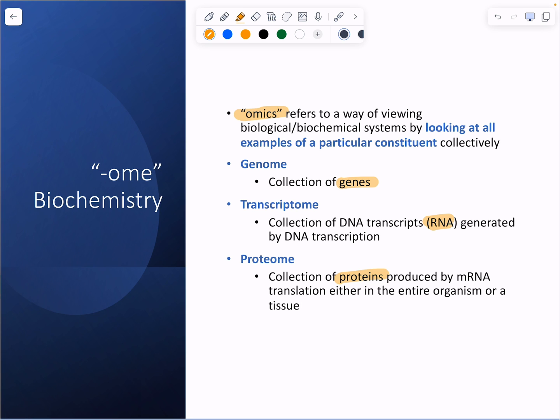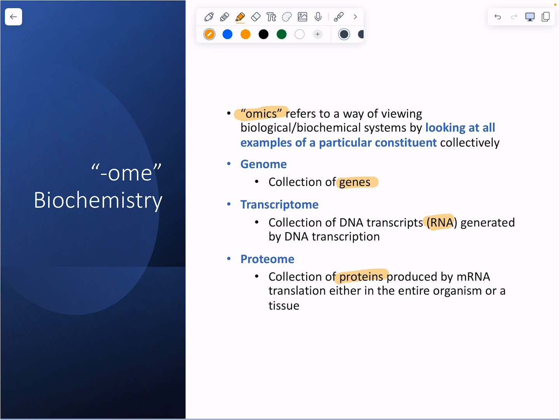But we can use these different things to investigate and try to narrow down on where the problem is in this whole cascade of events. Is it a mutation in the genome? Is it the fact that there's something that goes wrong with the regulation of the genome so I don't get the mRNA made?